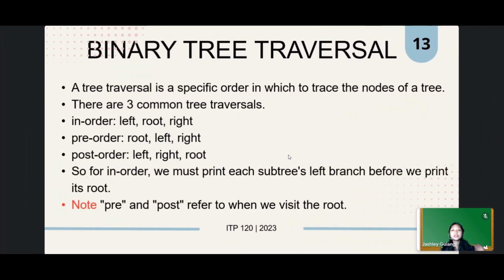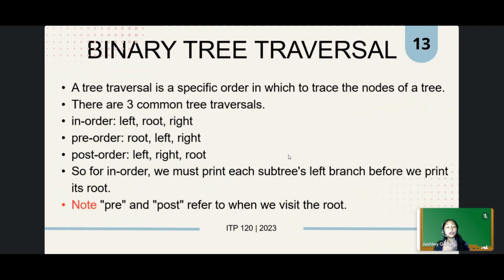Then we have the binary tree traversal. A tree traversal is a specific order in which to trace the nodes of a tree. There are 3 common tree traversals. In-order, which is from left, root, to right.